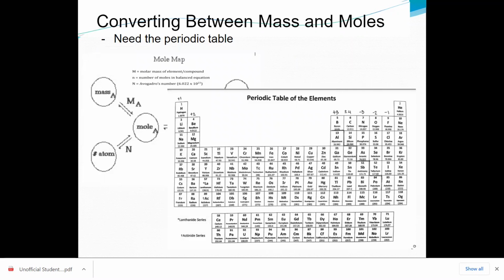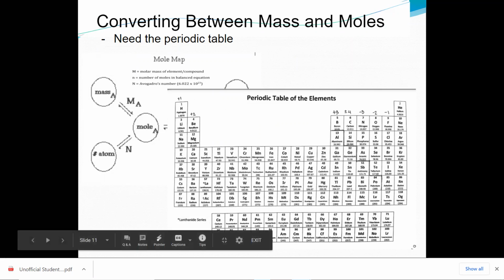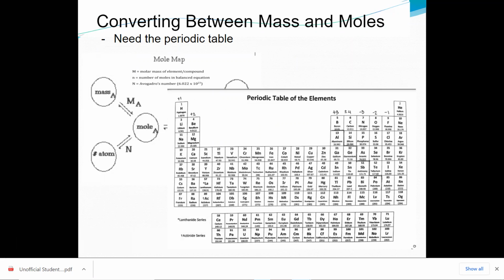Now, once again, we're going to need to do converting with this half of the mole map. So when I give this to you in class, you're going to want to mark it up, okay? So this is a slightly bigger picture of the periodic table and how it relates to the mole map. So once again, let me point this out.